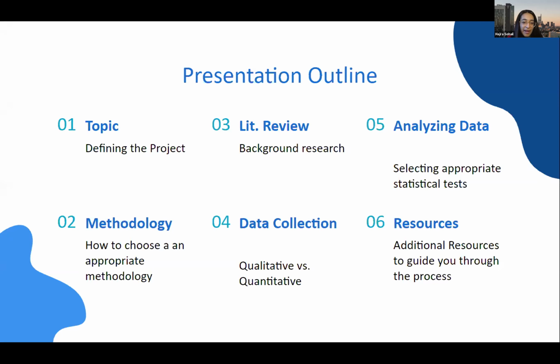Then we're going to be talking about background research and what literature review is, data collection and what qualitative versus quantitative mean. Analyzing data, so selecting appropriate statistical tests. And to wrap everything up and to help you with your own projects, we'll be sharing some resources to guide you through the process.